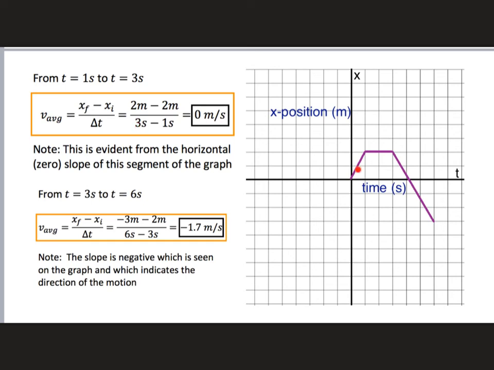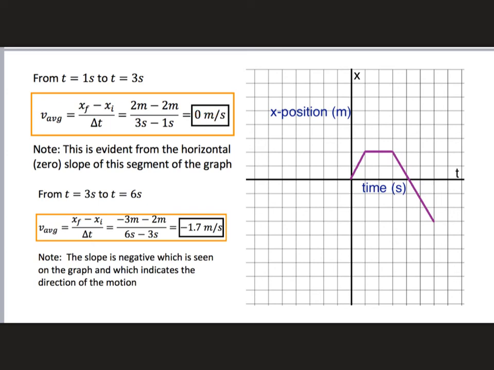So here we start at 1 second, and here we end up at, that's 1, that's 2, that's 3, so that ends up at 3 seconds. So the delta t is the final time minus the initial time, 3 minus 1. That gives us 0 meters divided by 2 seconds, but of course if 0 is in the numerator, that makes the whole thing 0 meters per second.